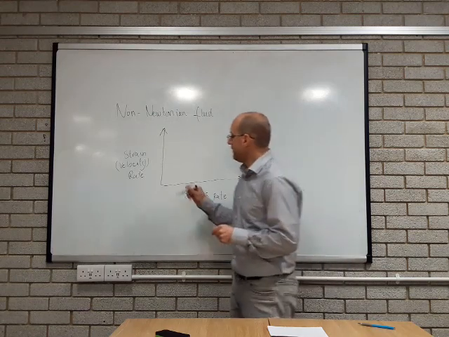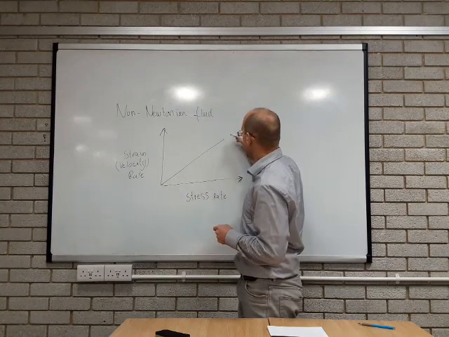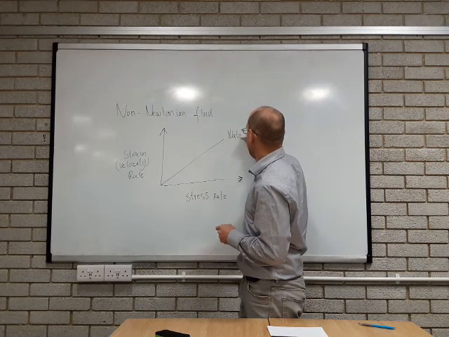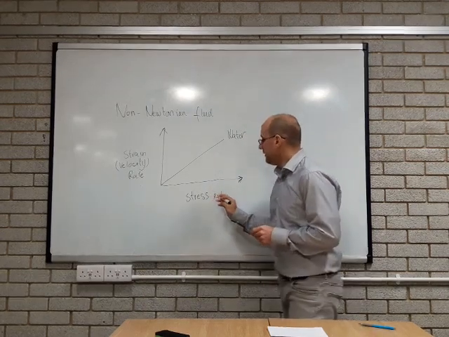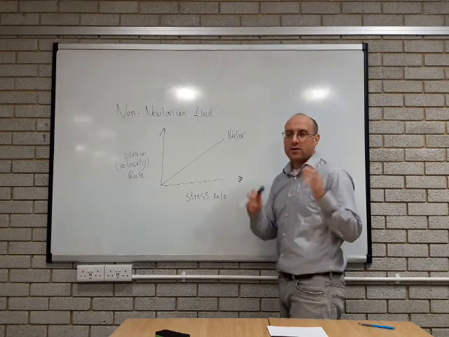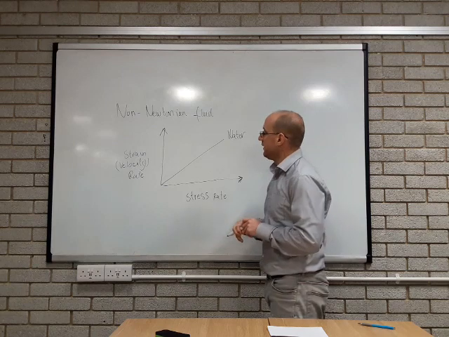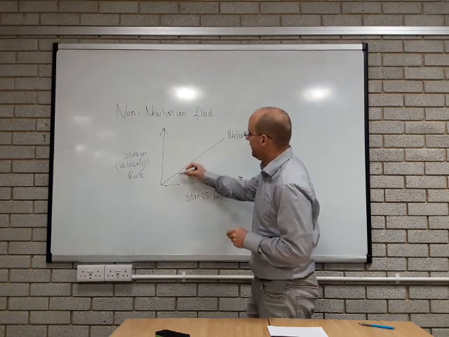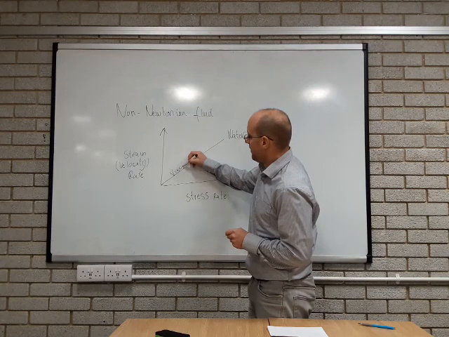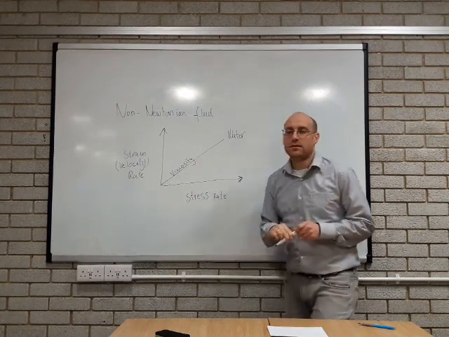Now we know that there will be a straight line here for water, and that would mean that the stress rate and the strain rate are moving at the same pace. Basically, the viscosity would be this line.